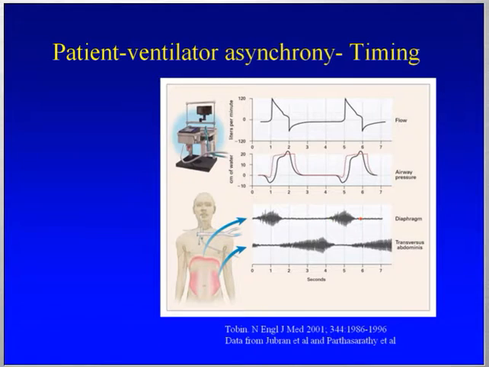This is the diaphragm electrical activation, and this is the electrical activation of an expiratory muscle. This is in a COPD patient breathing on pressure support. So you can see here that there is a significant delay between the onset of the neural inspiration and the onset of the ventilator, in the range of 800 milliseconds on this slide.